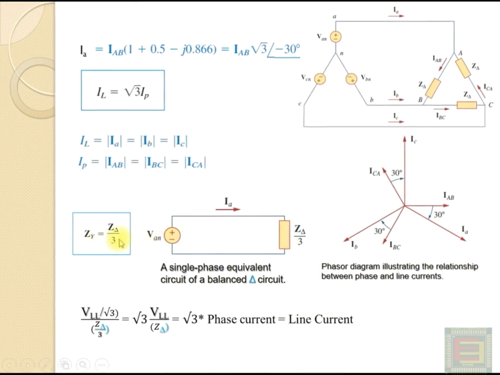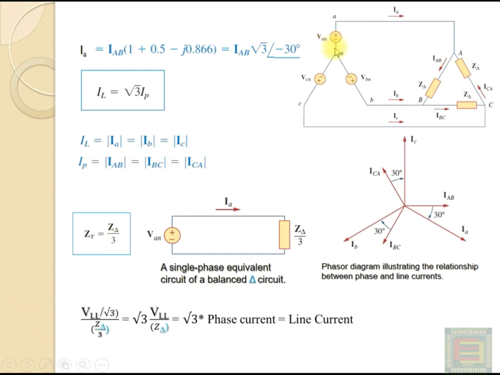Actually, this relation is obtained by considering the star equivalent of the delta connected load. We have seen that when we convert from a delta connected load to a star connected load, in case of a balanced delta connected load, the star equivalent will be obtained by Z delta by 3. So if you convert this delta load into a star load, you get 3 impedances connected in star here. The impedance of each branch of the star equivalent will be equal to Z delta by 3.